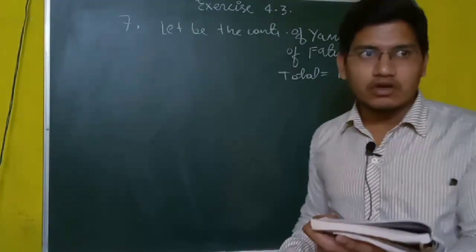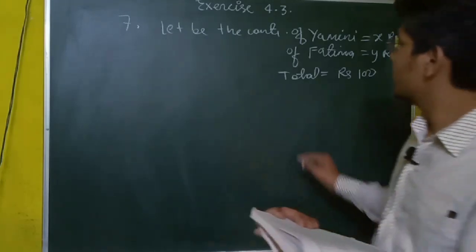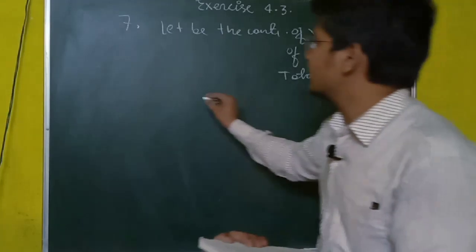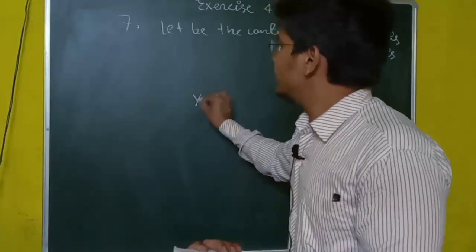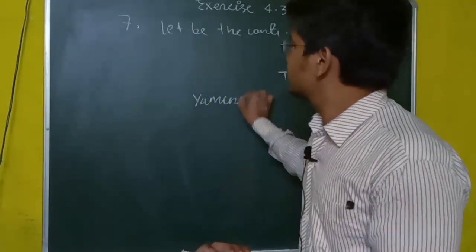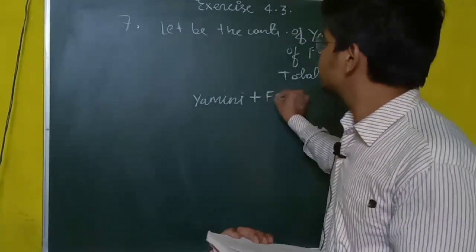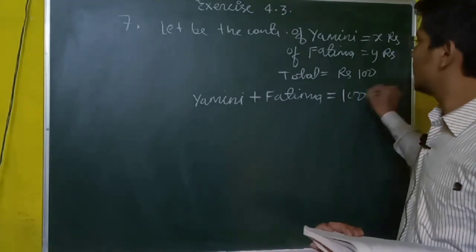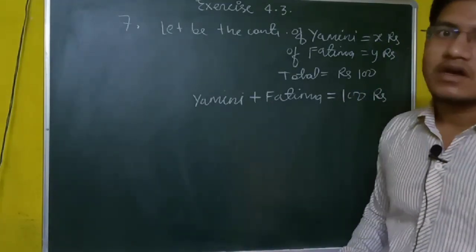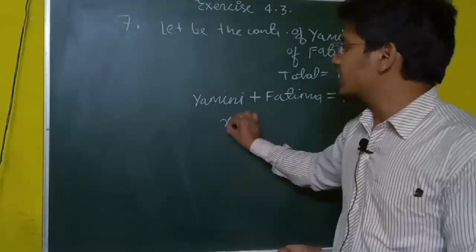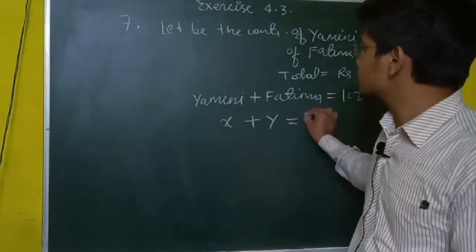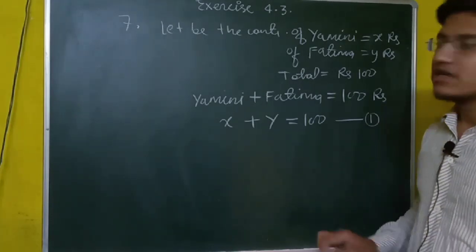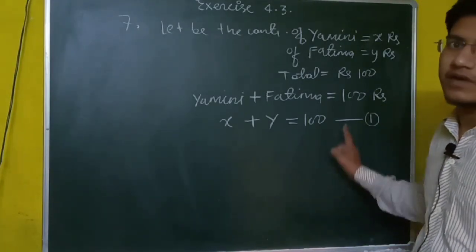Now we have to represent this situation as a linear equation in two variables. So Yamini plus Fatima equals 100 rupees. Now the contribution of Yamini is x and Fatima is y. So x plus y equals 100. This is equation number first, let's say. So this is our linear equation in two variables.